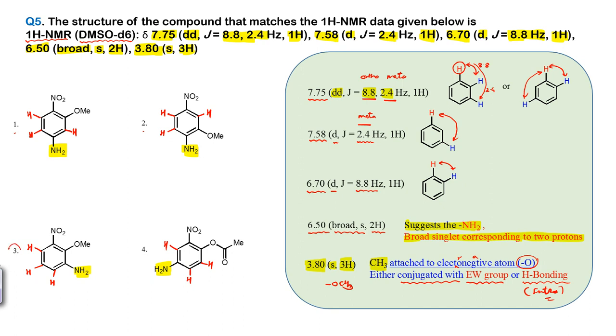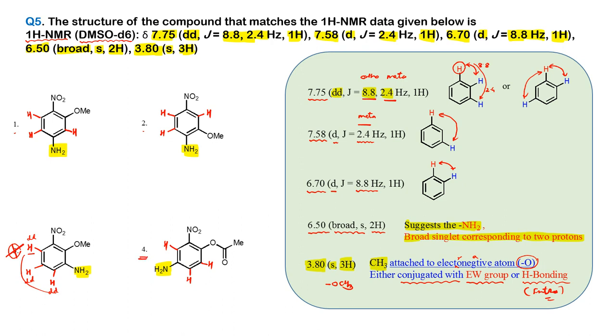But structure 3, as you are seeing, shows that the hydrogens are continuously placed. In this case, this hydrogen will show a doublet of doublet, this will also show a doublet of doublet, and this will also show a doublet of doublet. And this is not the expected probable outcome of the compound. Therefore, the third compound will get ruled out. Of course, we are relating the data with the compounds one by one.